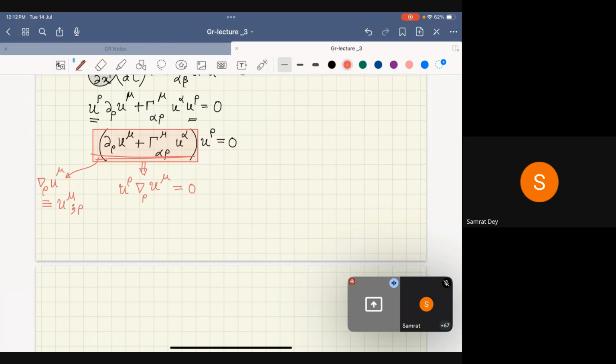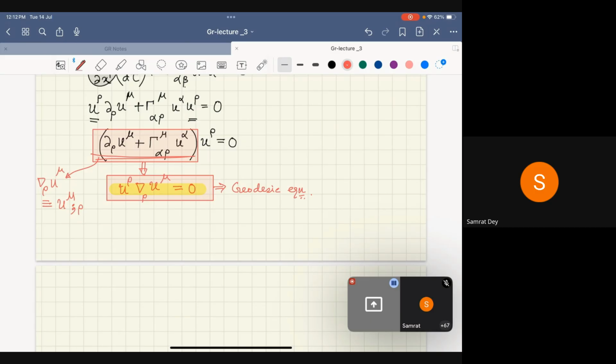Both these notations I am using in an alternate way, but why am I writing this in this format? Because this is the same geodesic equation. So we now have 3 different forms of the geodesic equation, but this form is more useful visually because it contains the covariant derivative, and with covariant derivative we are happy.